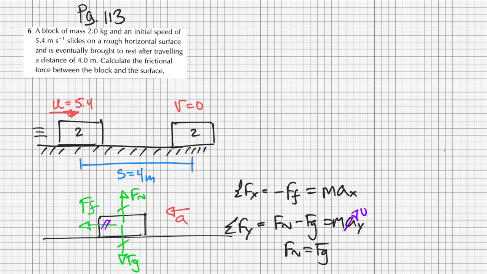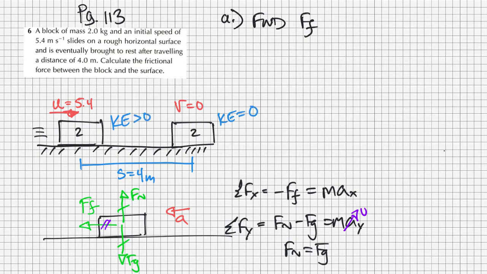So when we deal with this with work and energy, we're trying to find the force of friction. What we need to understand is that initially our box has some kinetic energy, since it has a velocity greater than 0. Whereas here, our kinetic energy is going to equal 0.